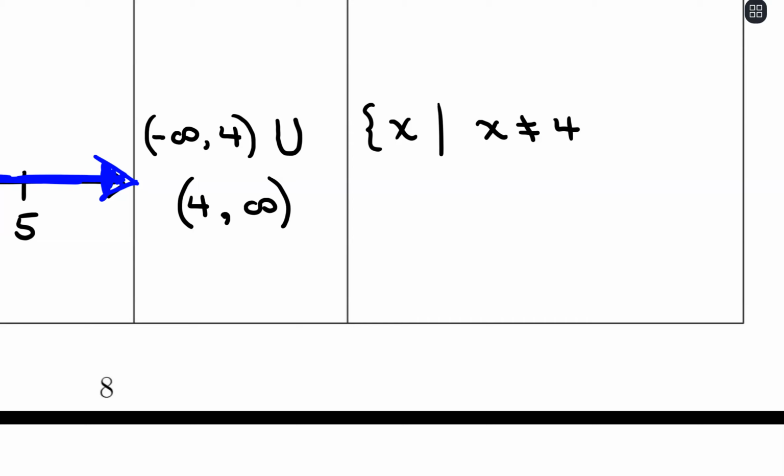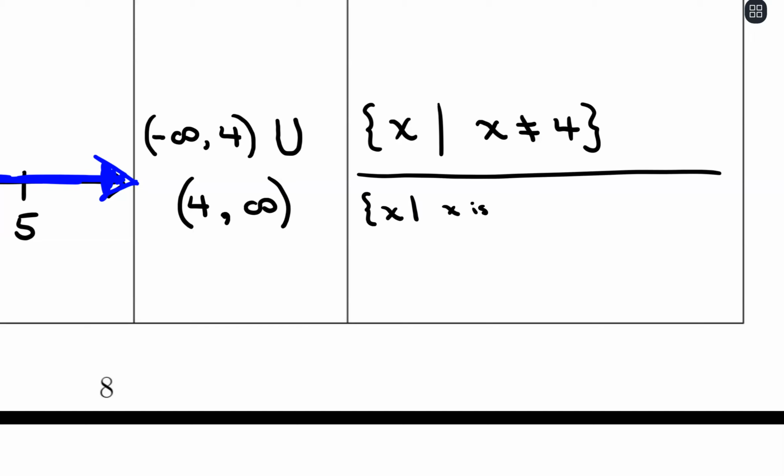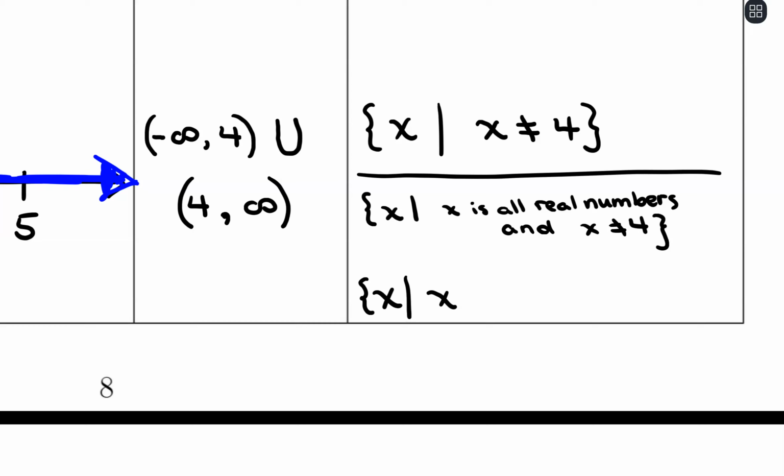Another form you might see is, in fact, let me just leave that there, and I'll separate some other forms you might see: x is defined by x is all real numbers and x cannot equal 4. That's another possibility. And one last possibility here, x is defined by, and we have this symbol x, and then it's kind of like this curvy E almost.